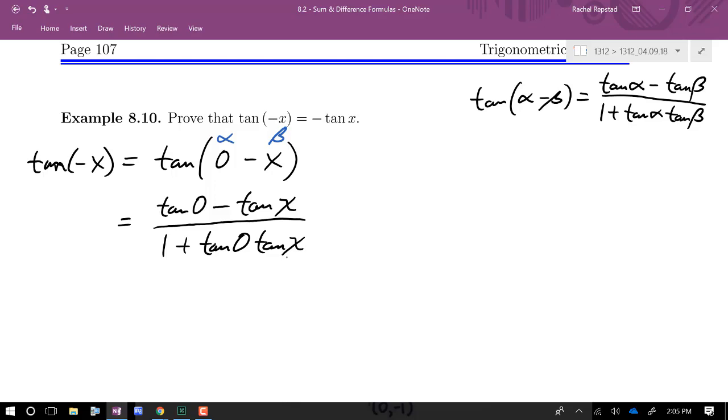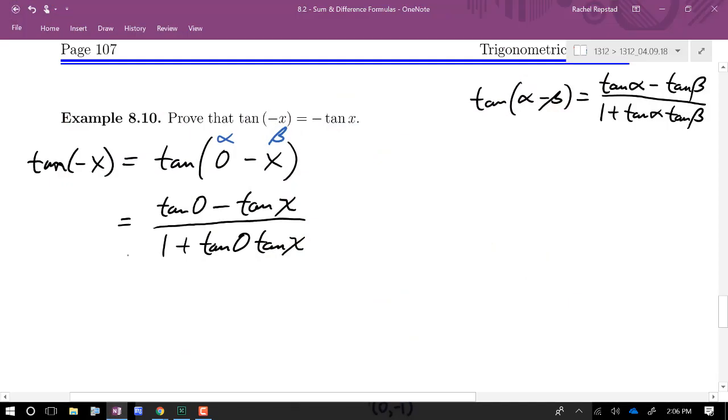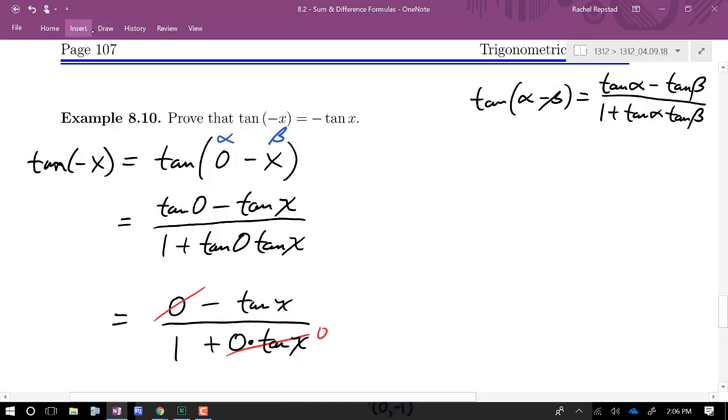So wherever sine is equal to 0, tangent is equal to 0, and at 0, certainly the y-coordinate there is 0. Clearly that zeroes out, that zeroes out. So we get minus tan x on top, 1 on the bottom, and this is of course just equal to negative tan x.